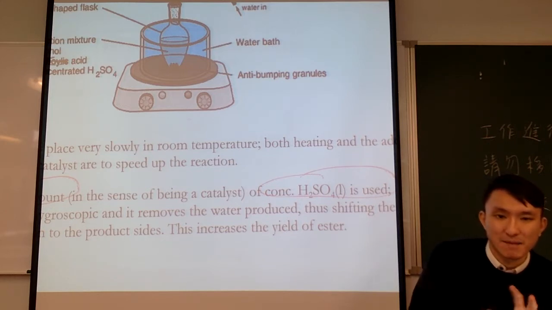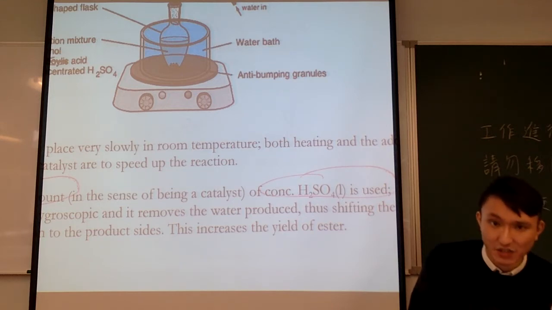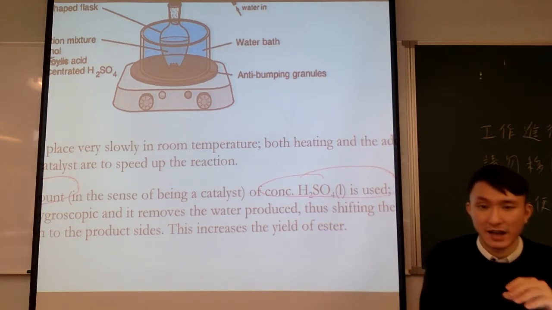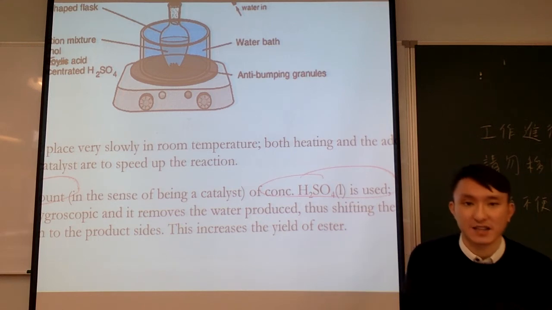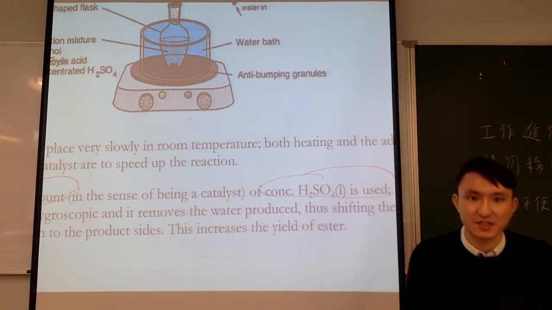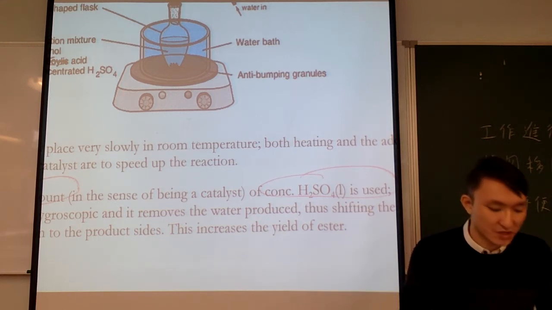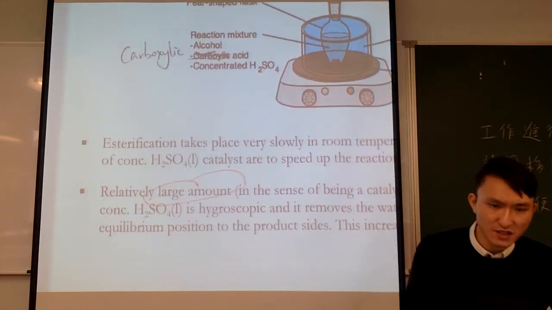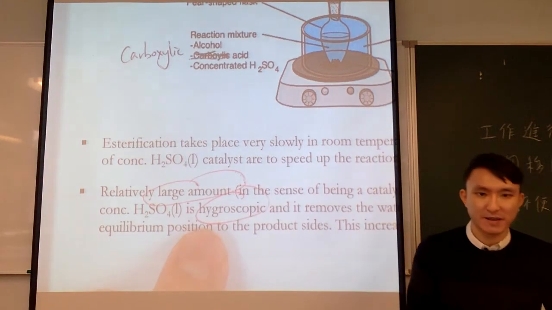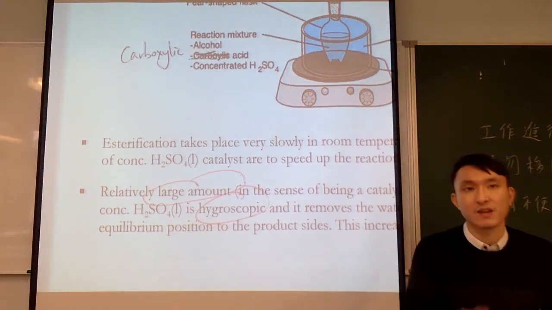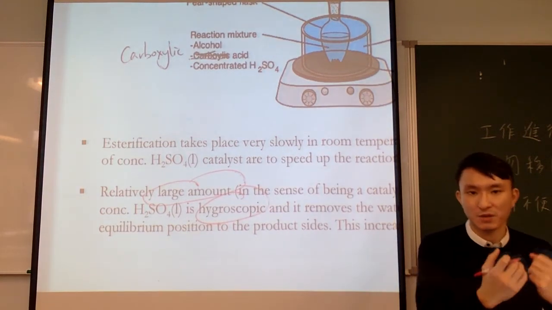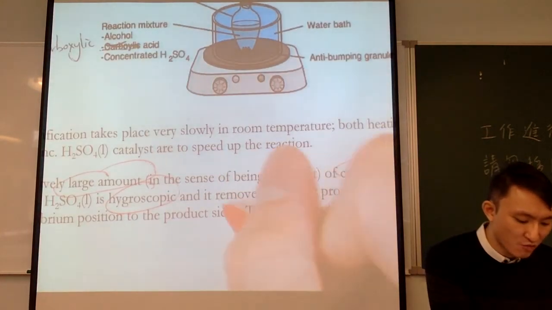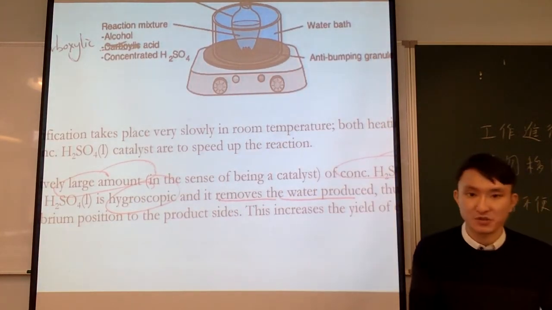But in this particular reaction, we will actually add a large amount of sulfuric acid. The reason why is that sulfuric acid is hygroscopic. If you remember, hygroscopic means it can absorb moisture, absorb water. So it is able to remove the water that is produced.